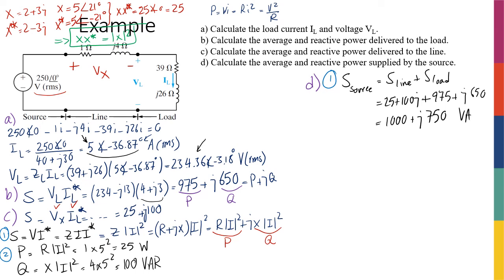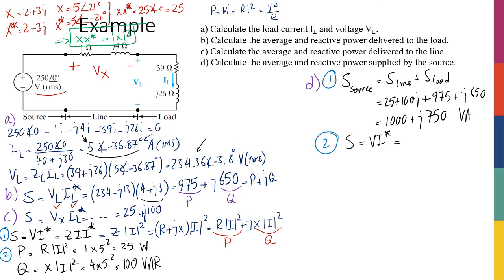Now, is there any other way to actually calculate this? Yes. The other way is that it's a source, and I have the voltage across it and the current through it. So like any other component, I know that S is equal to V I complex conjugate. So all I need to do is multiply 250 by the complex conjugate of the current passing through.